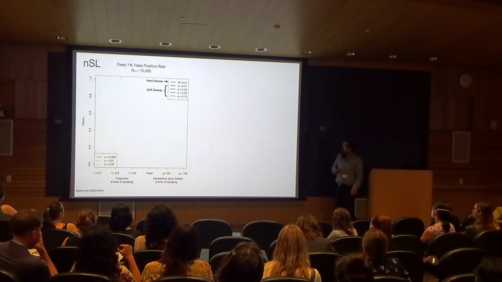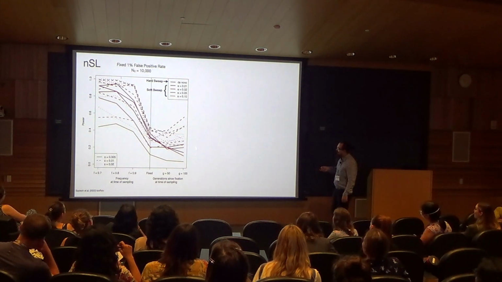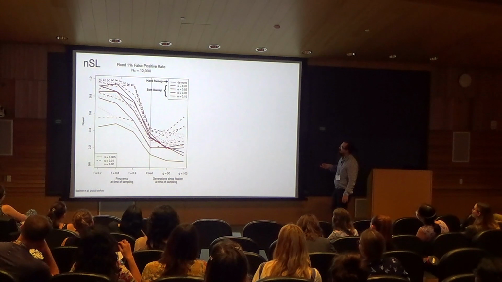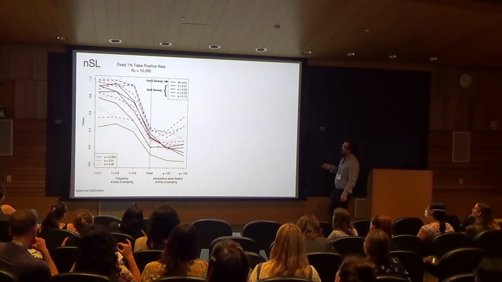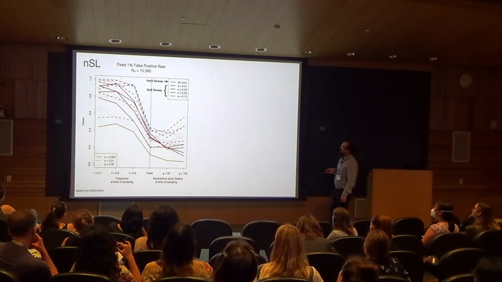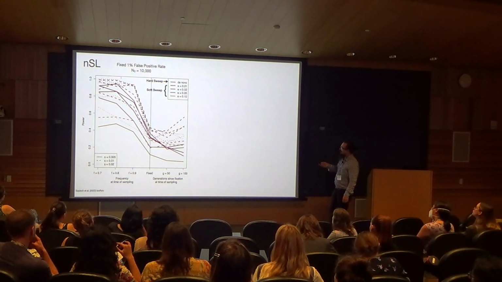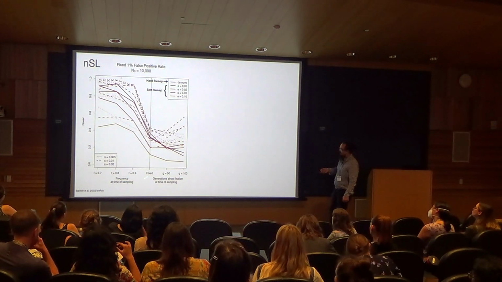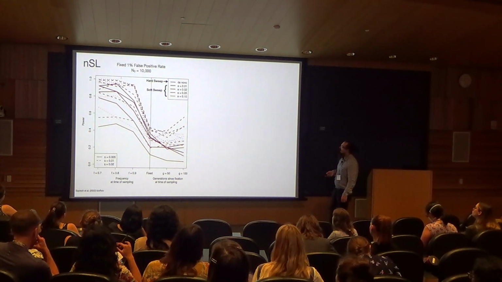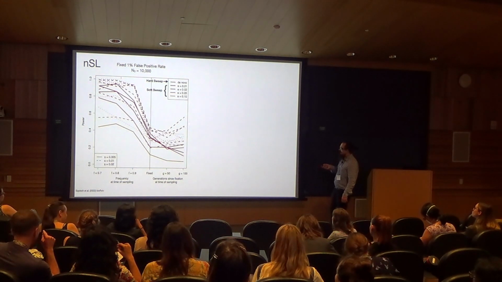Hopefully now you can see this massive tangle of lines, but I think the take-home message here is that we're doing fairly well using unphased data, and we're doing pretty well in the realm where we expect it to do well. These one-population statistics are really bad at identifying sweeps post-fixation.